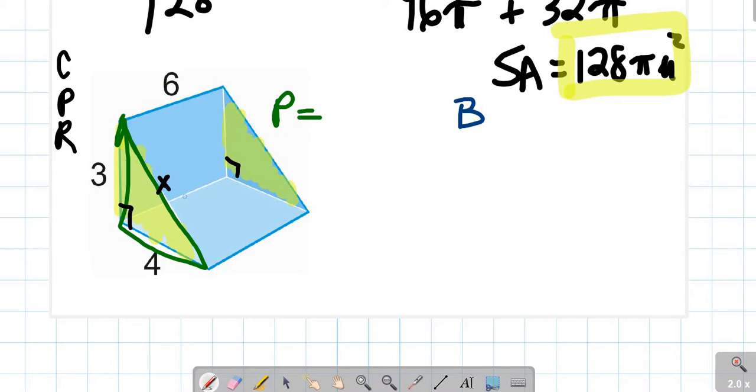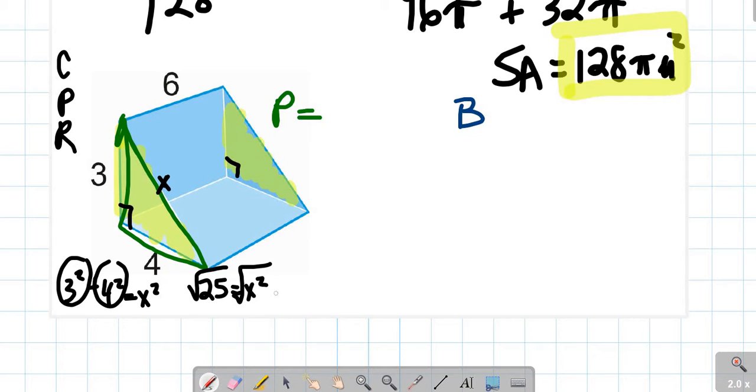Forgot to put the little right angle there, but there's a right triangle there. So we're going to go 3 squared plus 4 squared equals unknown squared. You add these two up, that's 9 and 16, which means 25 equals unknown squared. Square root, our little x there is going to be 5.